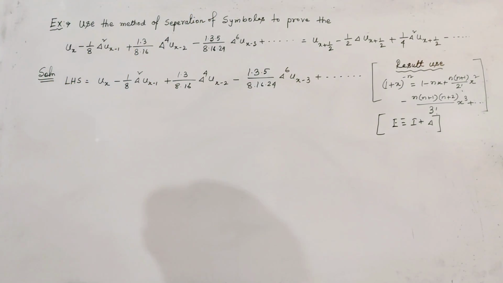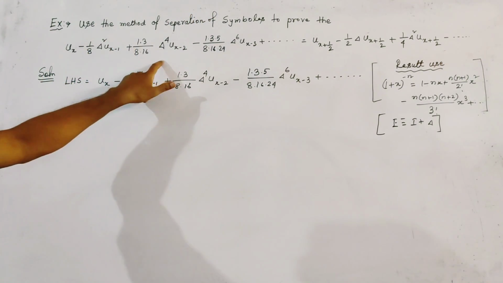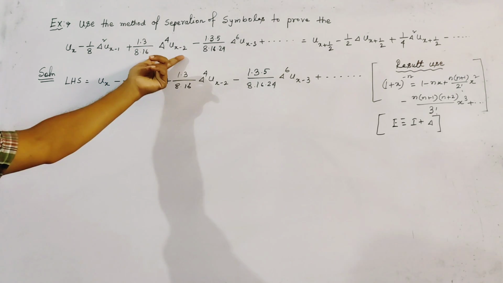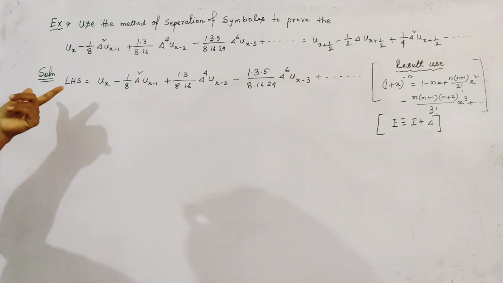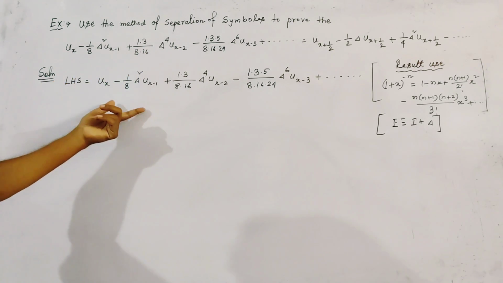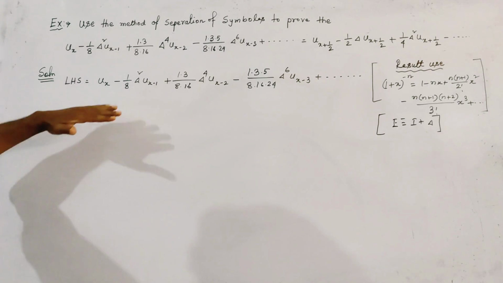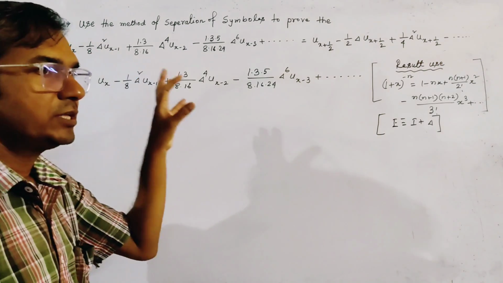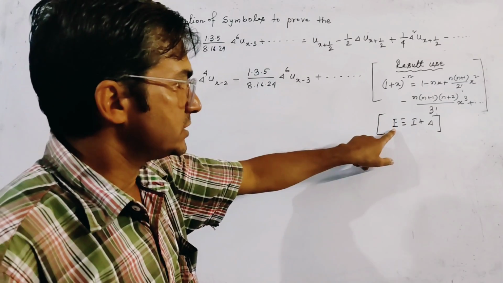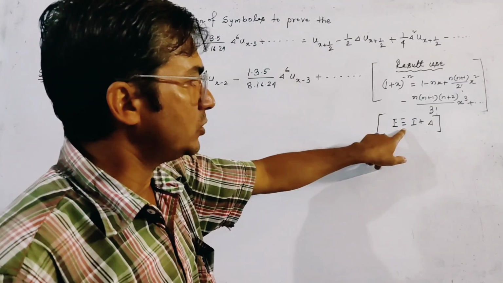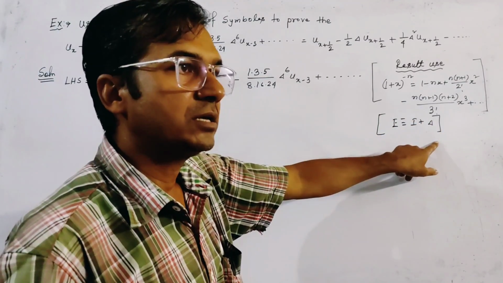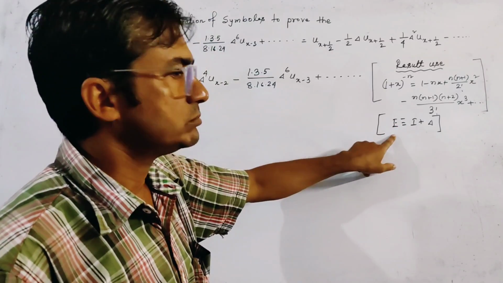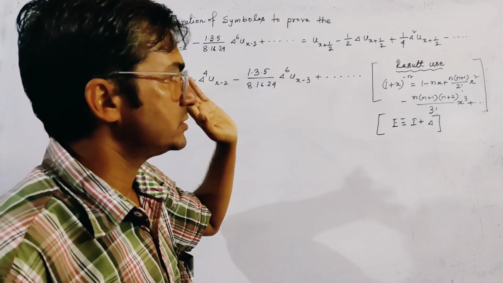Now we start from the left hand side of the expression. Here we use two important relations. The first is that the shift operator E is equivalent to 1 plus delta. We already proved this relation in previous classes.